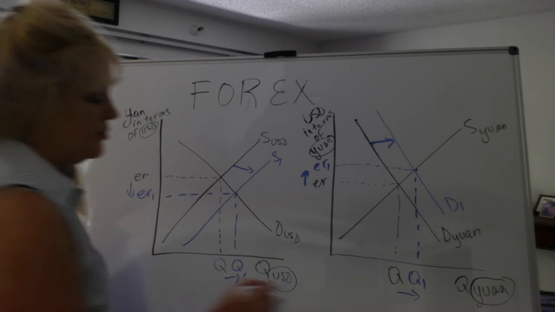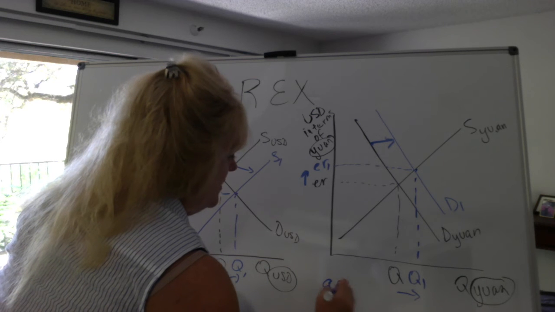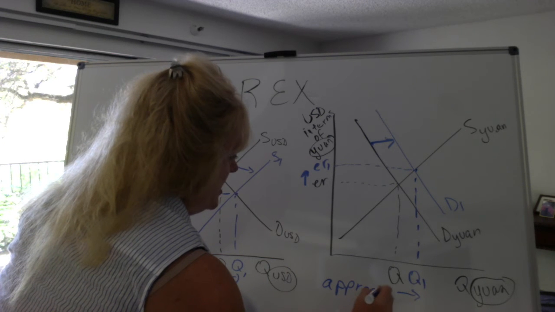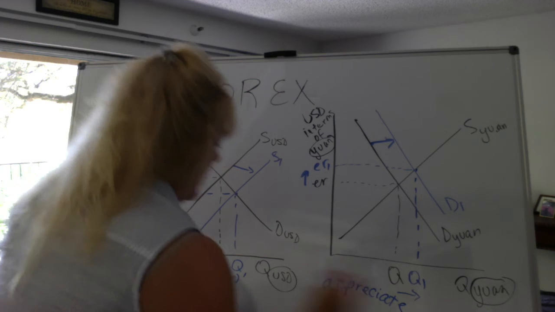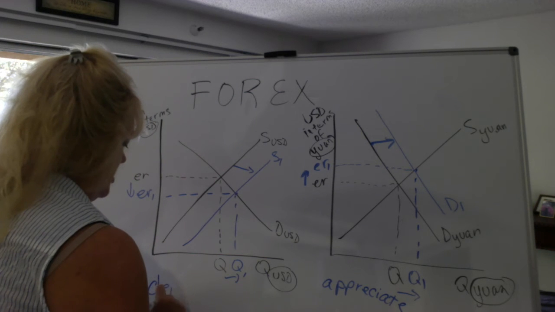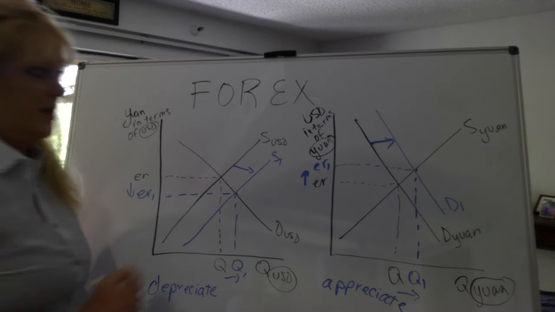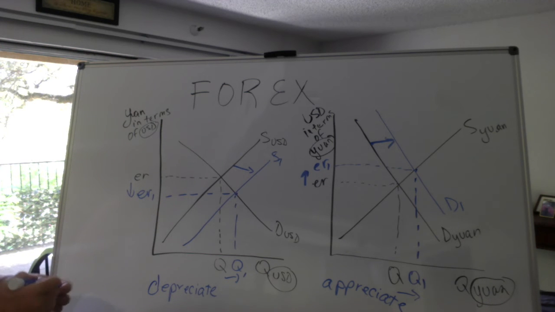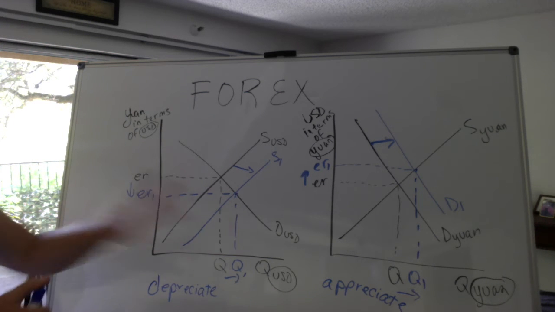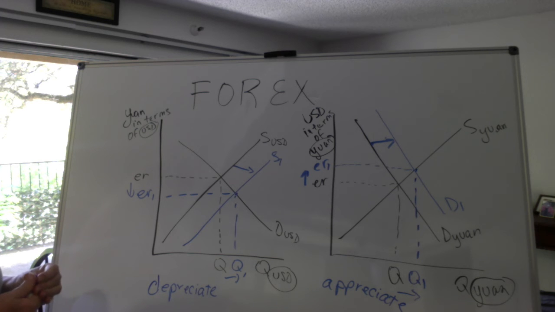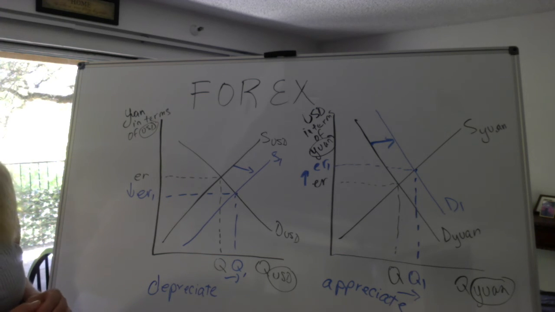This is called appreciation. So the yuan appreciated and the US dollar depreciated against the yuan in the foreign exchange market. So this is how you draw the two diagrams showing a change in the value of one currency against another.